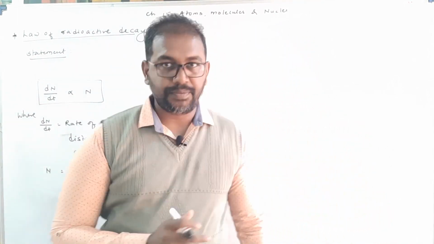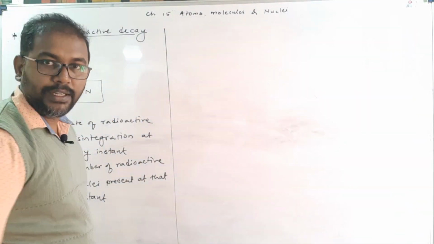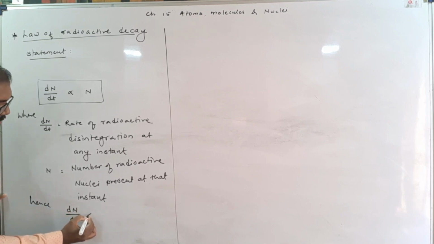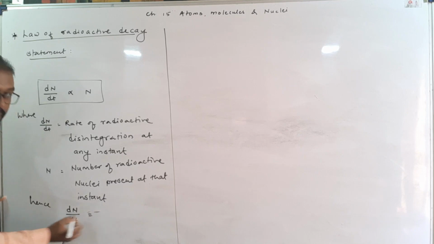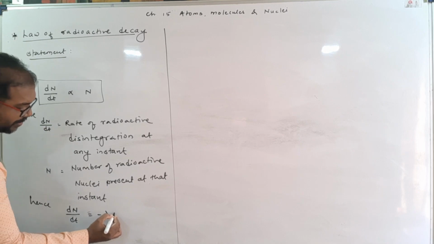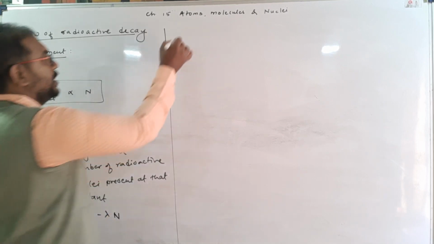Now let's learn this article further. Here we can write the same formula: dN by dt is equal to a constant, minus lambda N, where lambda is a constant called the decay constant.